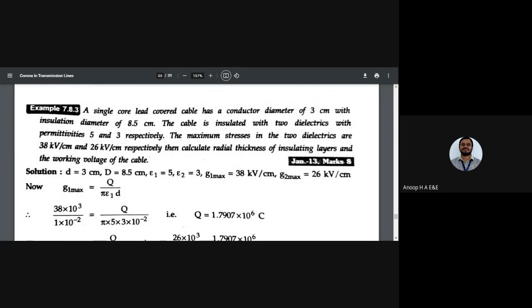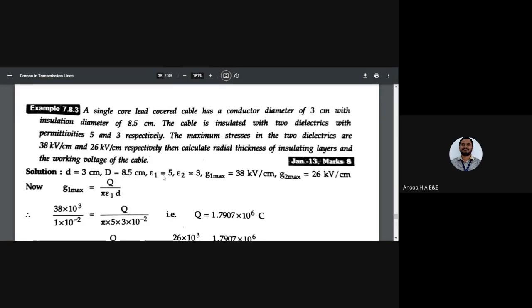Note down the given data. First, write down the given data. The diameter of the conductor is 3 centimeter, and the diameter along with the insulation is 8.5 centimeter.